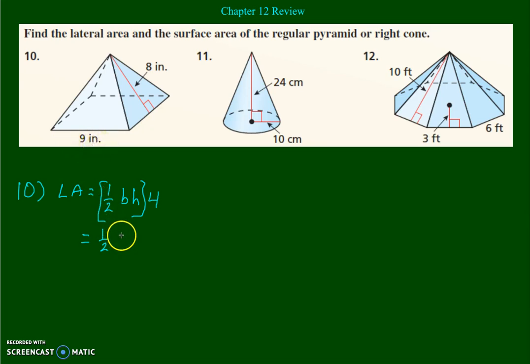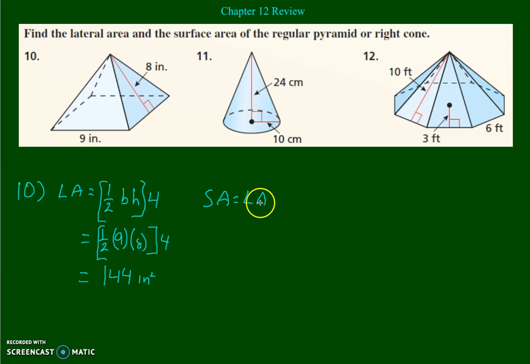Little b is 9, because that's the side length, times the height, which is the slant height of the triangular face of the pyramid. And that whole thing times 4. That gives us a lateral area of 144 square inches.